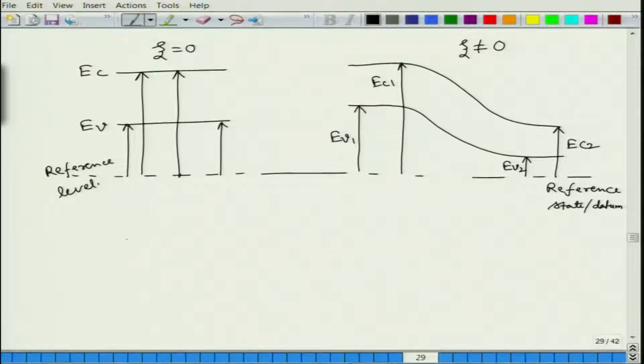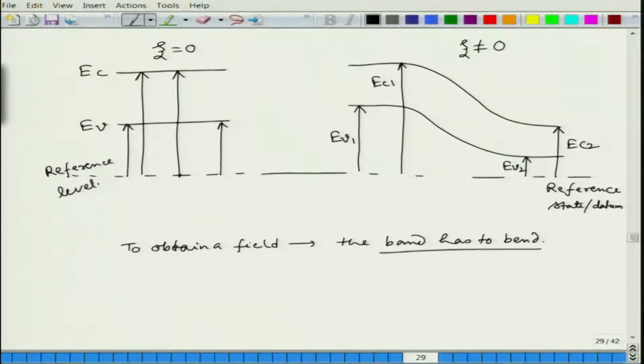So, to obtain a field, the band has to bend, right. That is the concept of band bending, which is called band bending under a field.